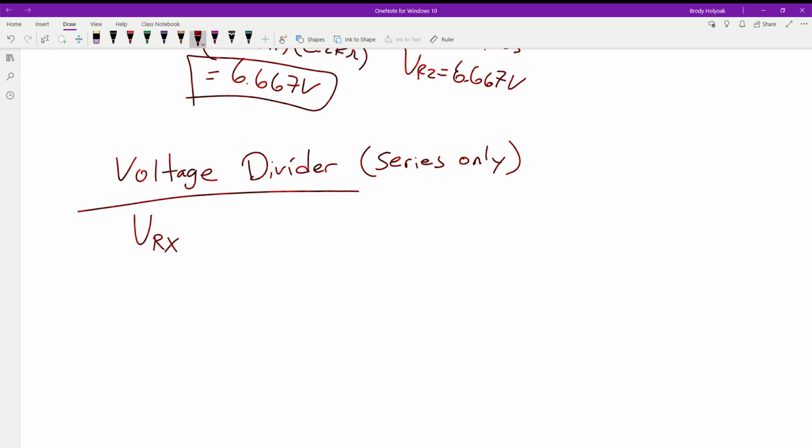So the voltage drop of whatever resistor we want is equal to the total voltage multiplied by the value of whatever resistor we're looking for, in this case R1, R2, whatever it is, over the total resistance. So going back to this circuit without calculating the current, we could find the voltage drop across R1 by going 10 volts multiplied by 1.1K over 3.3K.